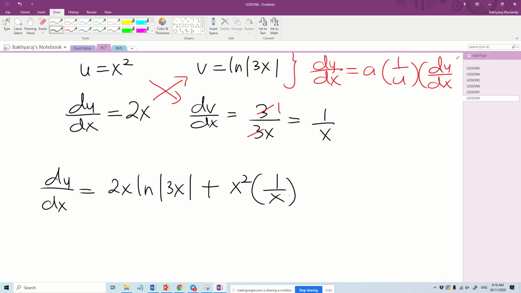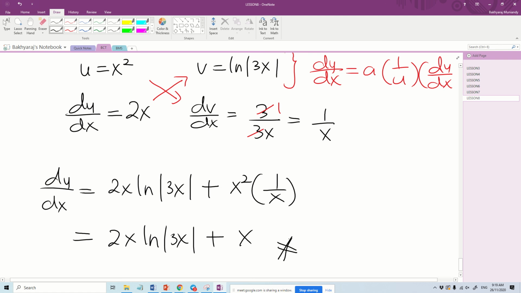What is the answer? 2x log 3x. Yeah, correct. 2x log 3x plus ini just tinggal x lah. So, tinggal plus this. Okay, so we have completed lah. Logarithm pun kita dah buat. Next I proceed for the exponent. Trigonometry lah. Now I will go for trigonometry function.